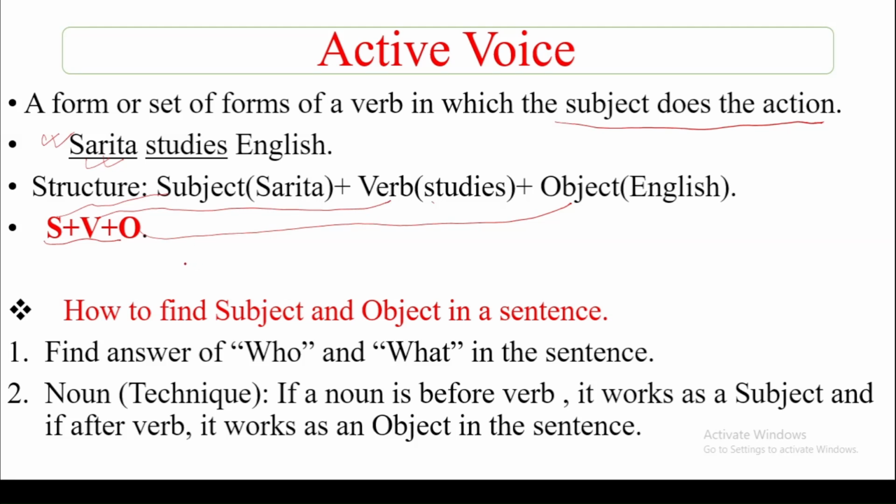Now the matter is how to find the subject and object in a sentence. To find the subject and object in a sentence, we have to ask questions using the words who and what.